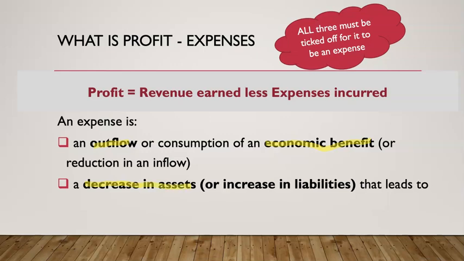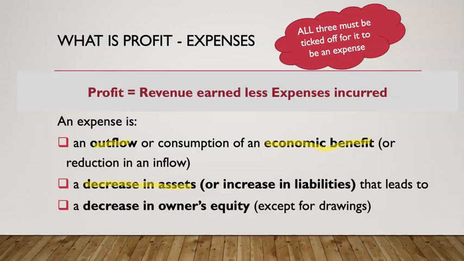So if we have to pay for our telephone bill, which is an expense, the outflow is cash, and this is decreasing our assets. That leads to a decrease in owner's equity. It decreases how much the business is worth. It's not resulting in an increase in another asset or anything like that. It can only result in a decrease in owner's equity.